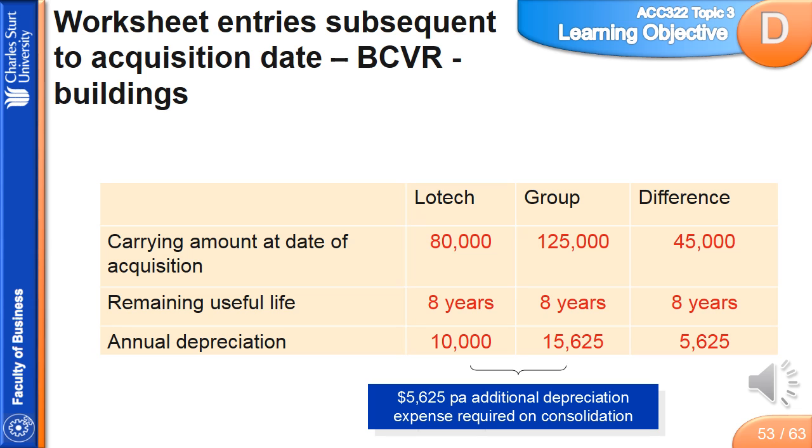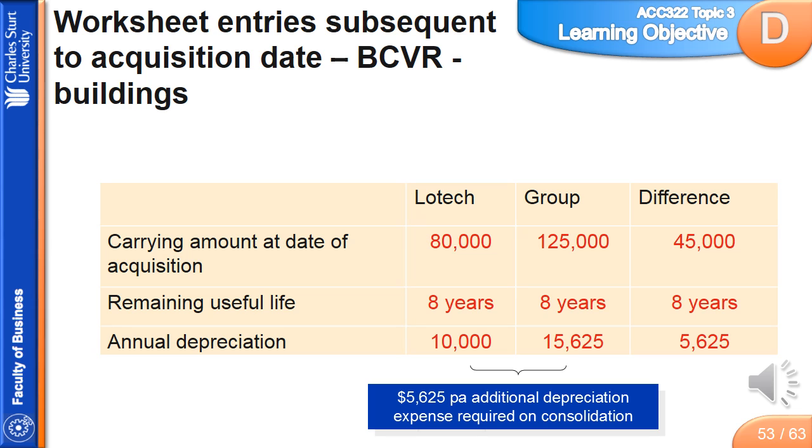So based on that, $80,000 divided by 8 is $10,000, the annual depreciation rate. However, from a group which has its value at $125,000, dividing that by 8 would equal $15,625 a year. So the annual depreciation difference between the two is $5,625, and we'll need to add that amount each year within the consolidated accounts.